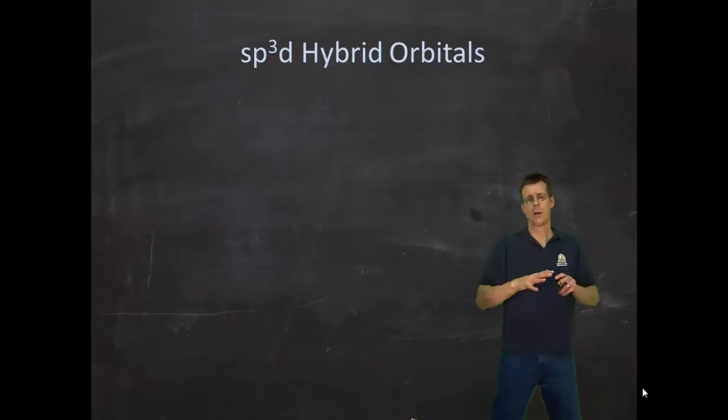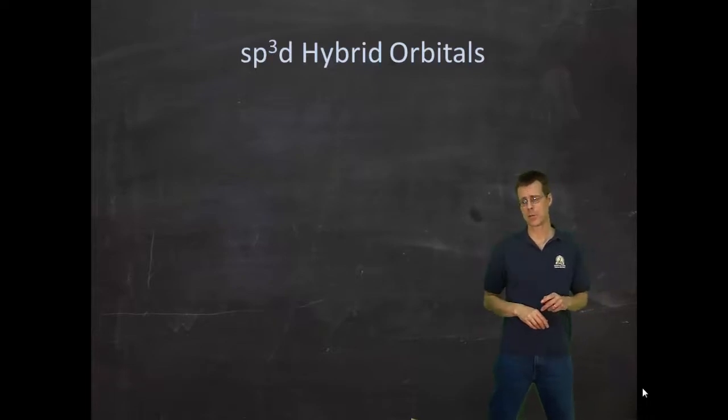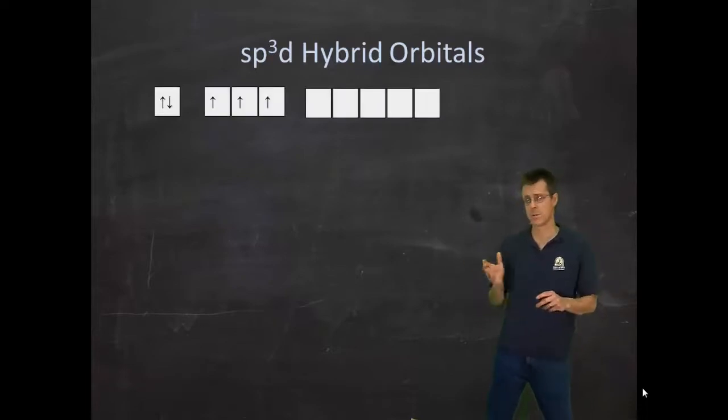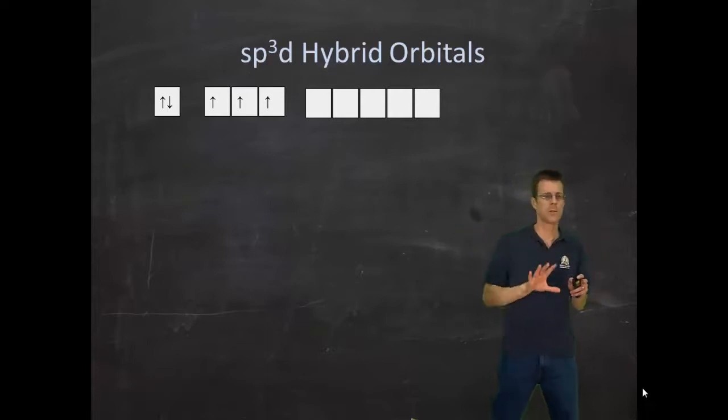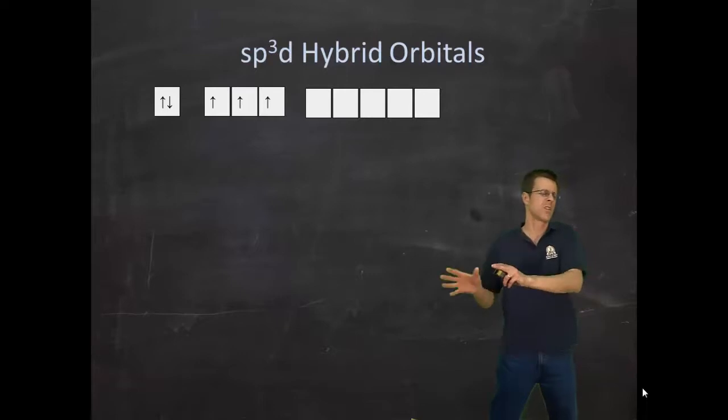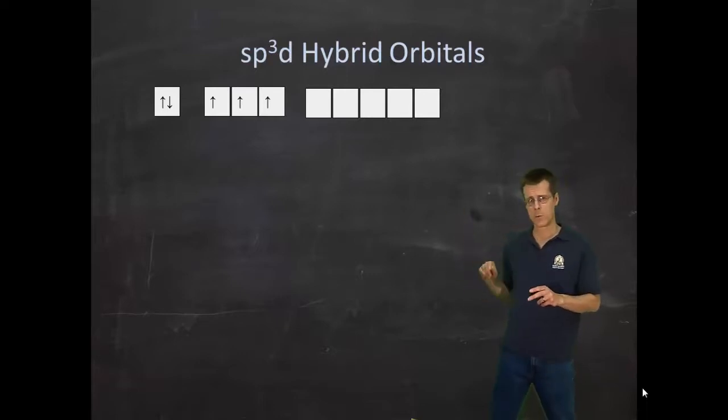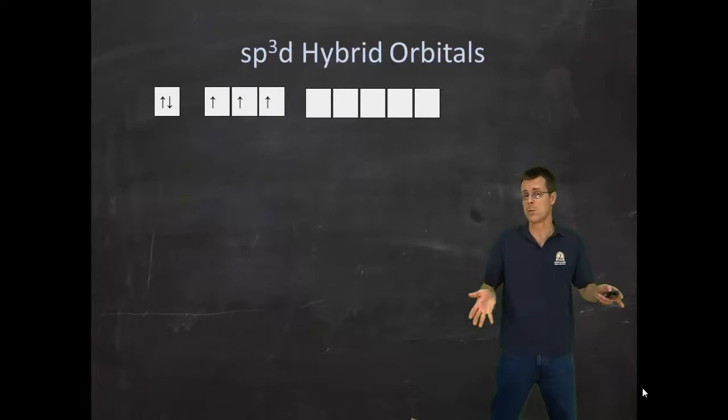I can keep this going. Now I can include things involving more than an octet of electrons around the central atom. For example, if I look at this system, normally this would be, say, phosphorus. Phosphorus has 5 valence electrons. I wouldn't normally think about those d orbitals. Phosphorus has no d electrons, and I don't normally use the d orbitals.